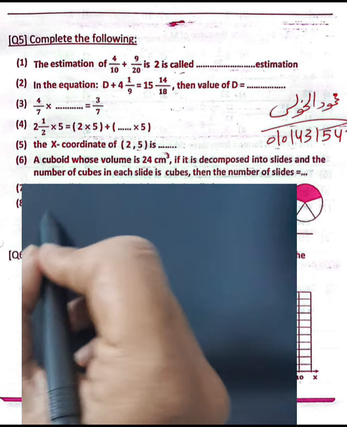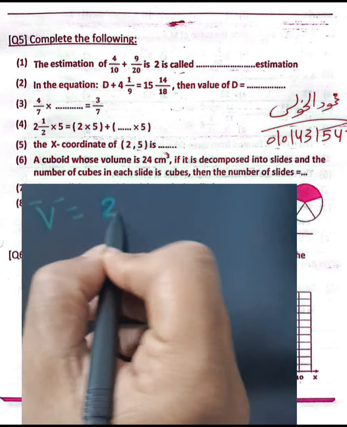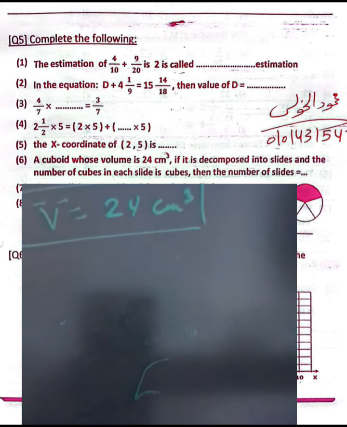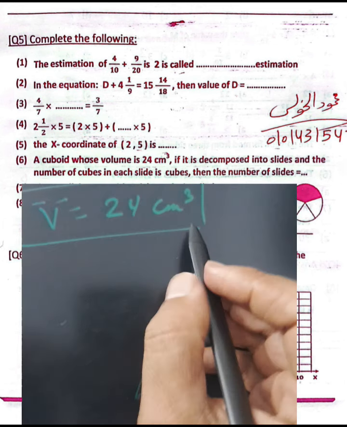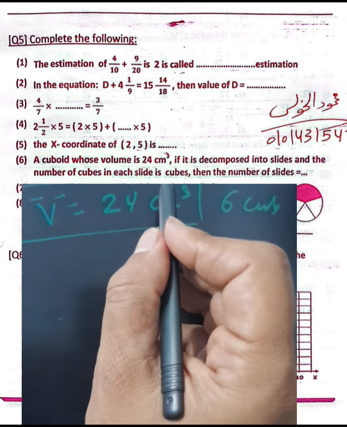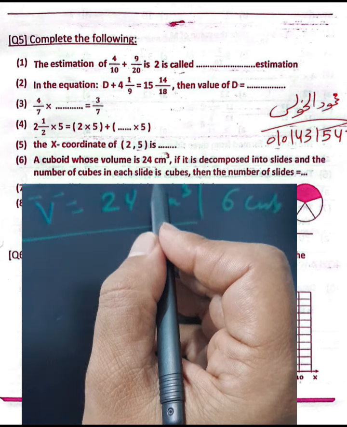Okay, we have the volume, 24 cubic centimeters. They give us the volume. It's decomposed into slices, and the number of cubes in each slice, we have 6 cubes, right? 6 here in this space. We have 6 cubes in each slice.